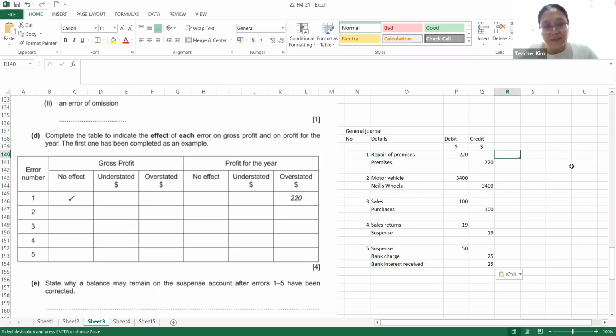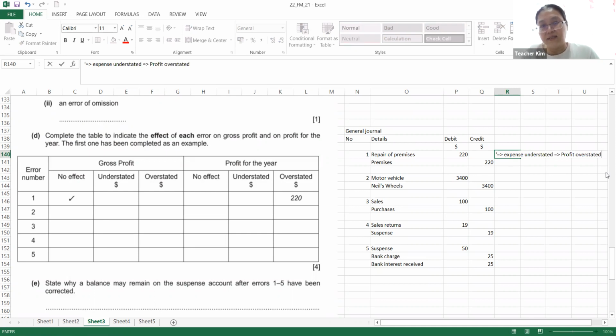Repair is expenses. When we debit, this error we understate expenses. Expenses understated. Profit overstated. So that's why here they say no effect and here overstated.